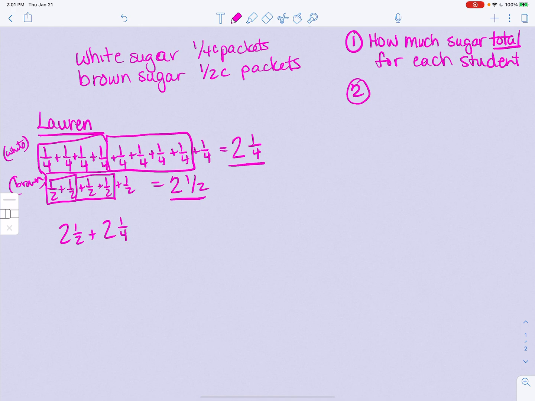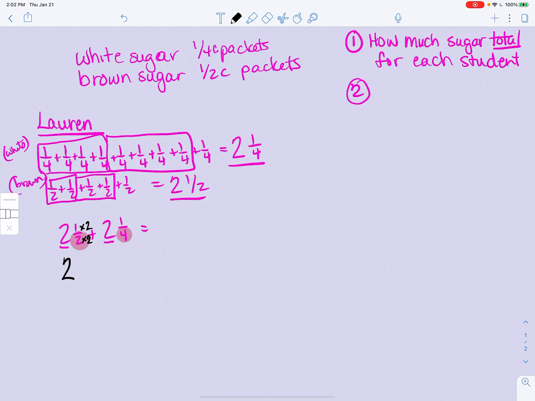Okay, I'm going to add my big numbers. I get 4. I'm not going to add my big numbers yet. I'm going to make a common denominator. Change color so you see it. In order to make the bottom the same, I have to multiply it by 2 on this side.